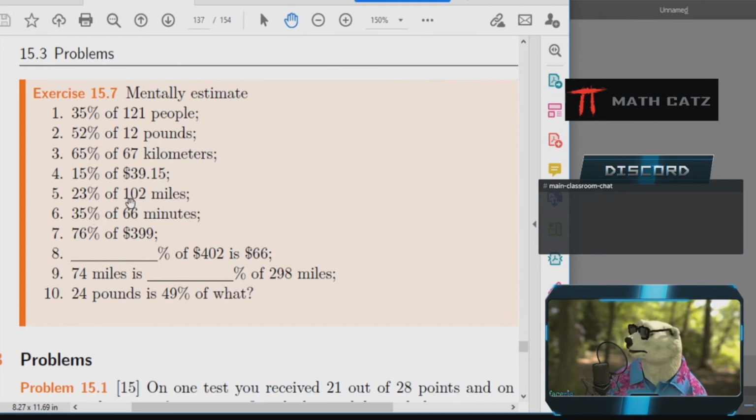I know I'm not quite perfect, but very often it's close enough. 35%, I can go back to the number 1 here, like a third, it's very close. 76%, and I can go to 75%, which is 3/4. And because my number is very close to 400, that makes it easier as well.